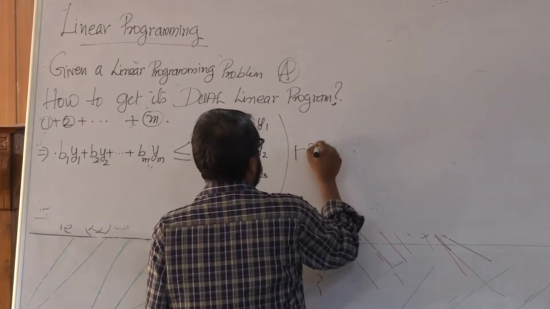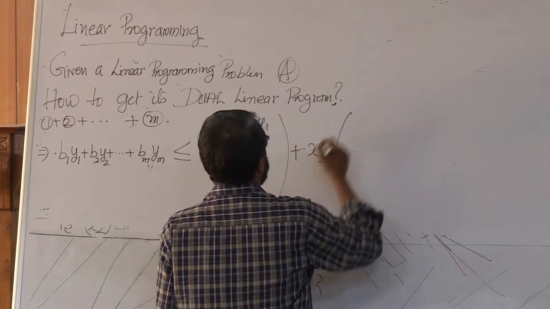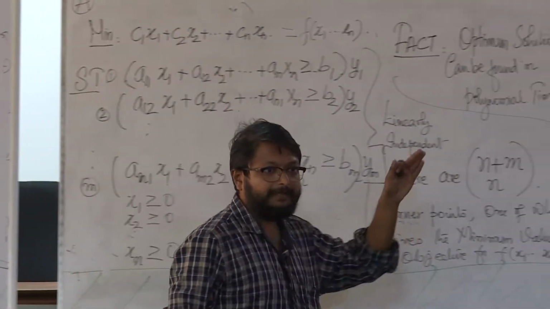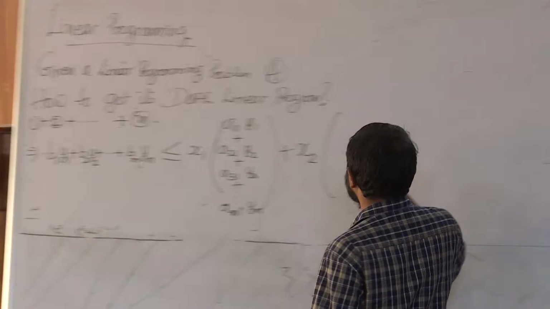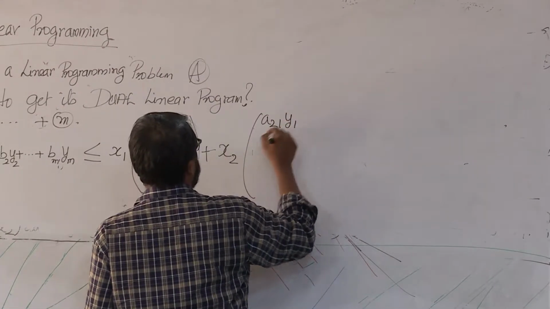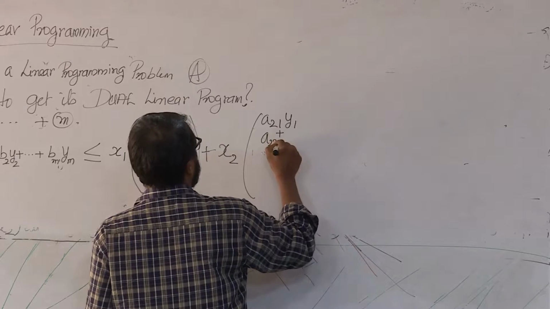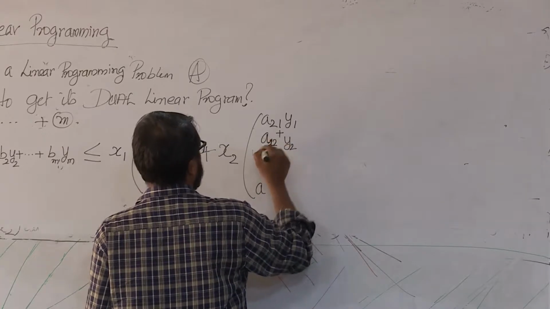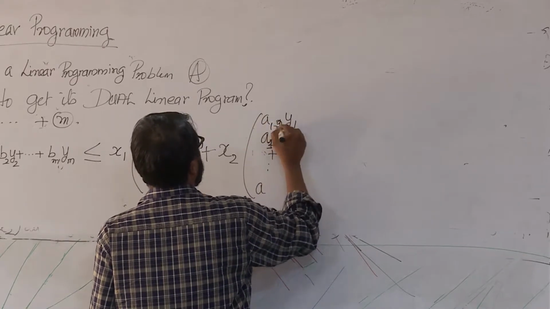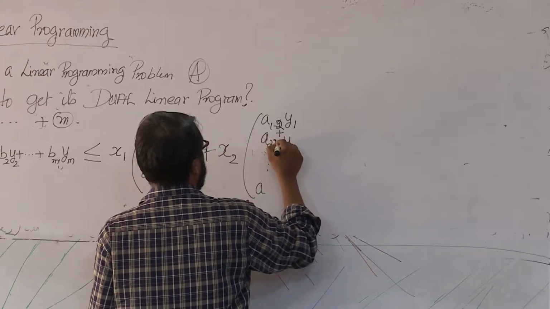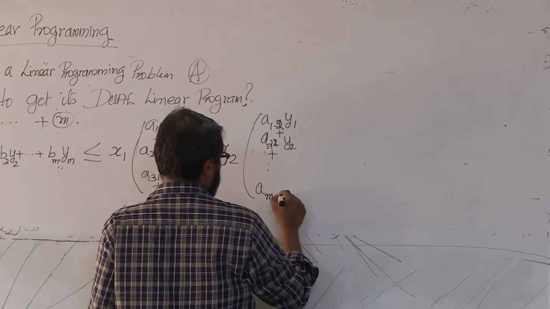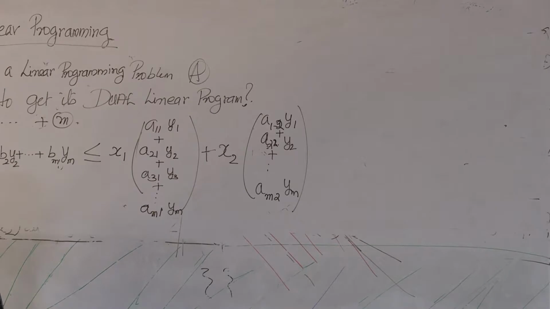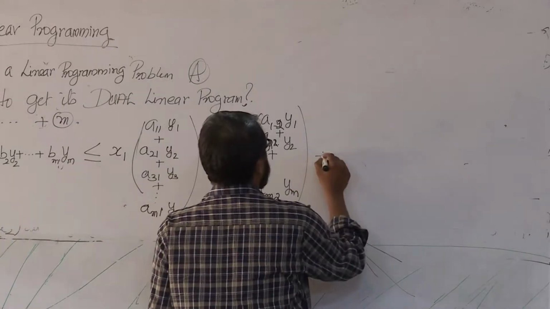Plus x2 times, now the second column, right? You will get the second column times x2, correct? So, a12 y1 plus a22 y2 plus up to am2 ym, times x2, correct? So, what is the last term?